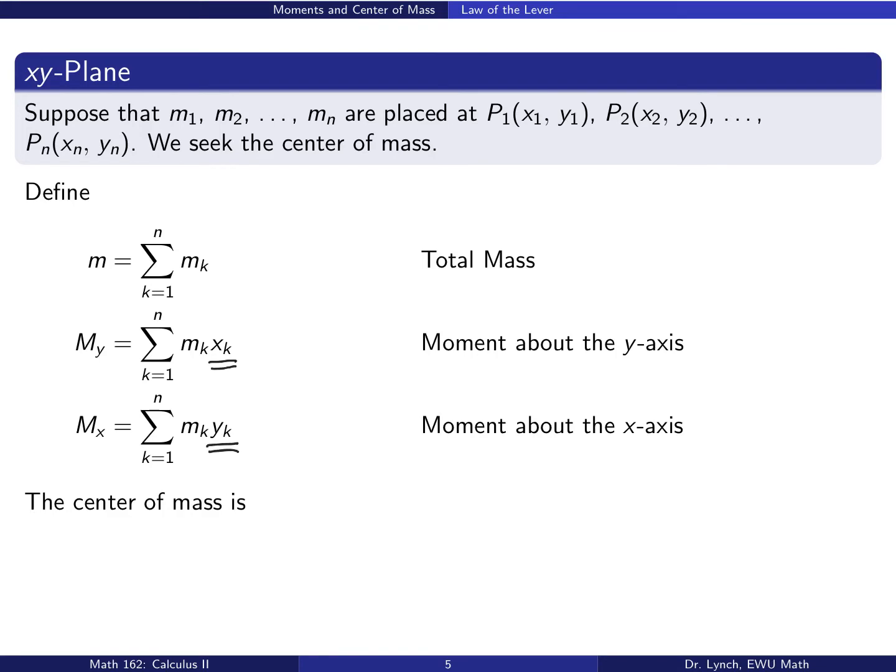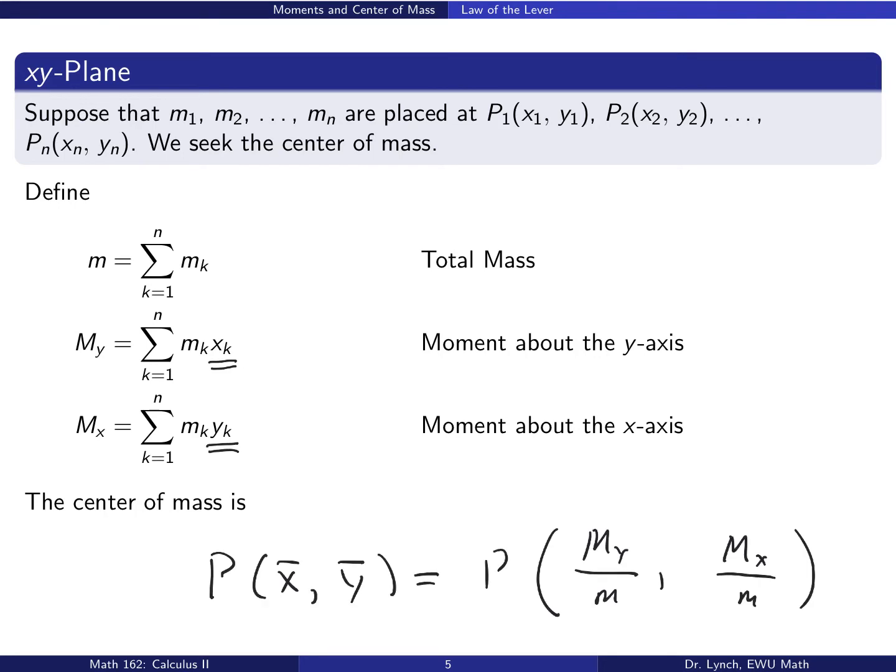Once again, the center of mass is exactly what we expect it to be. That center of mass is exactly the moment about the y-axis, so sort of incorporating those x values, divided by the mass of the system, and similarly, the moment about the x-axis divided by the mass of the system.